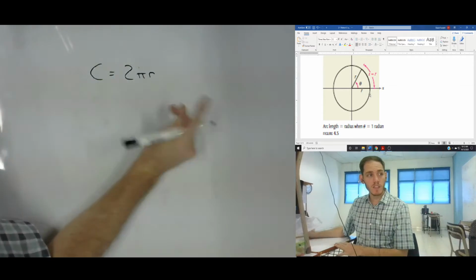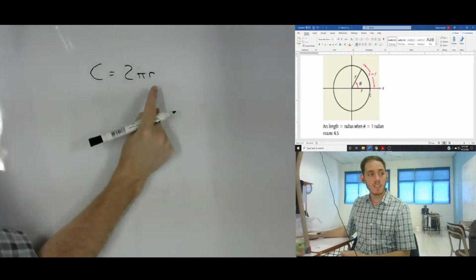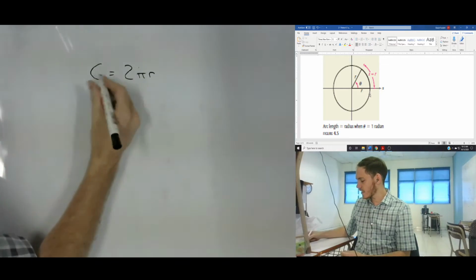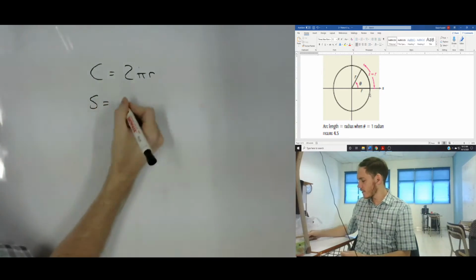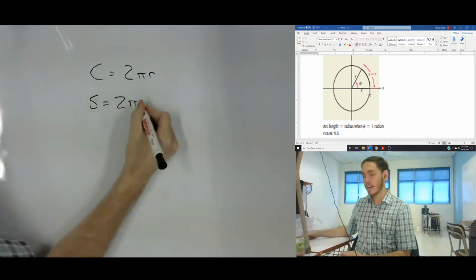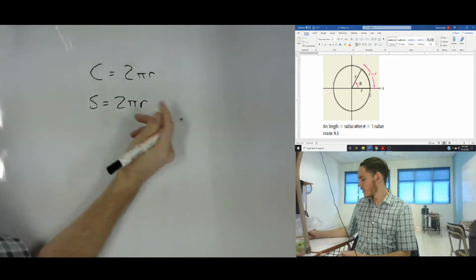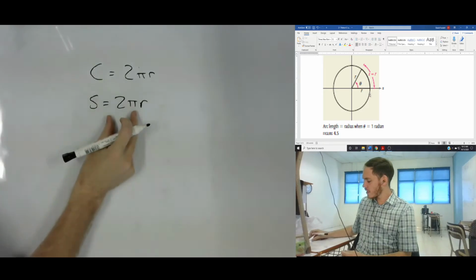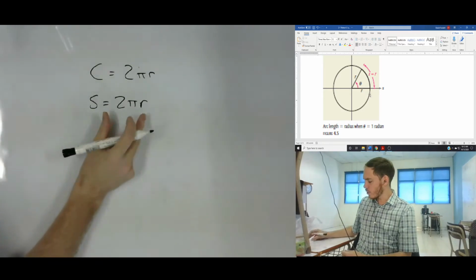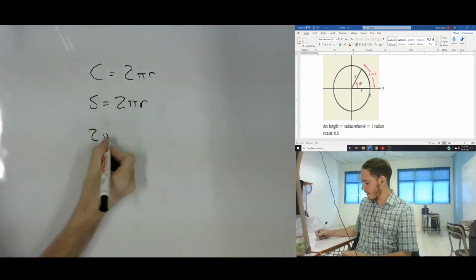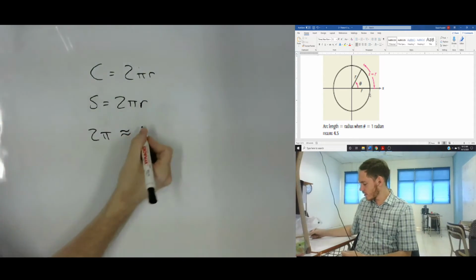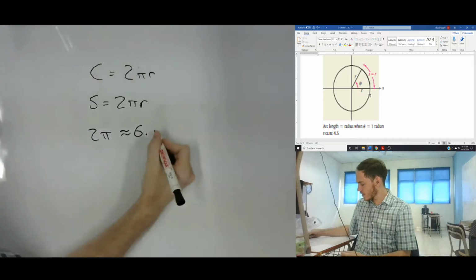So if we're rotating the radius, we can think of the circumference as S, equal to 2 pi r. So how many radii we're going to have is 2 pi. 2 pi is approximately 6.28.